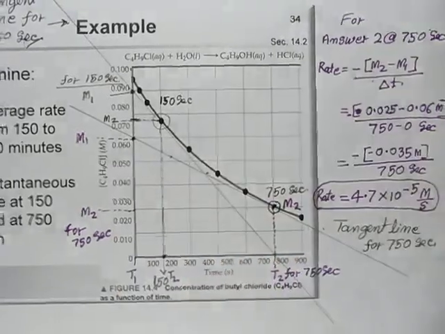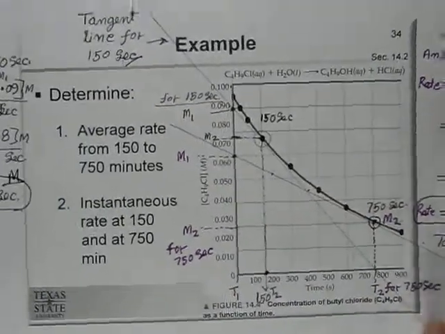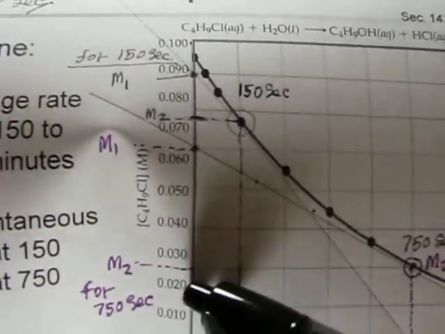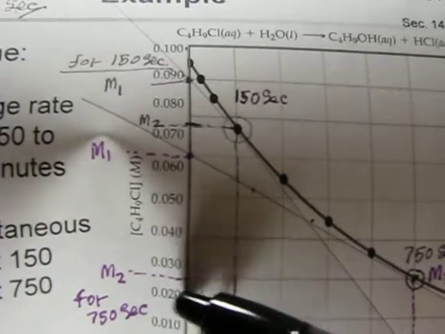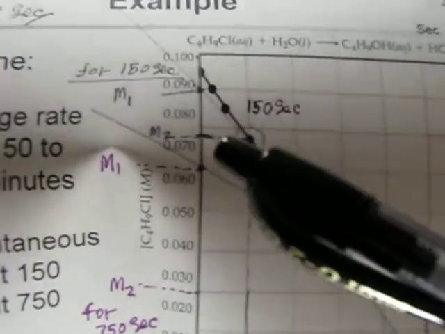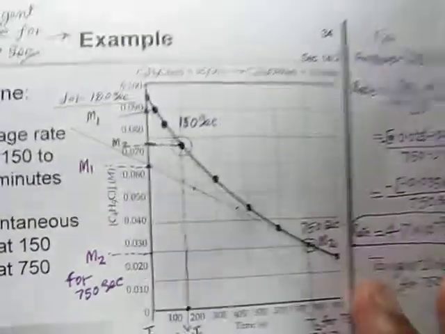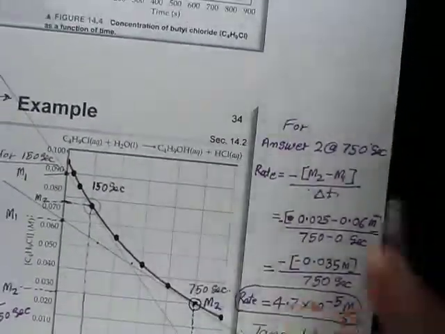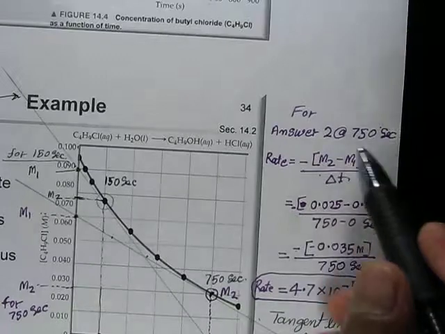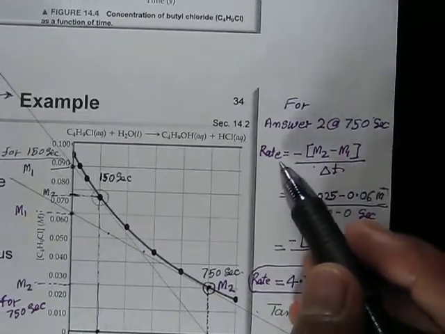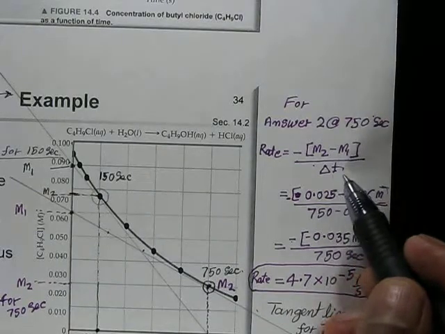So at 750 seconds, the molarity is between these two, 0.02 and 0.03, and the molarity at M1 will be 0.06. So we can write the instantaneous rate at 750 seconds as M2 minus M1 over delta t.